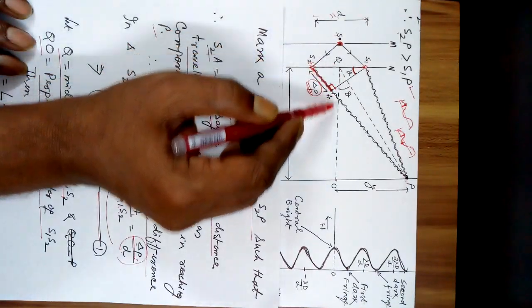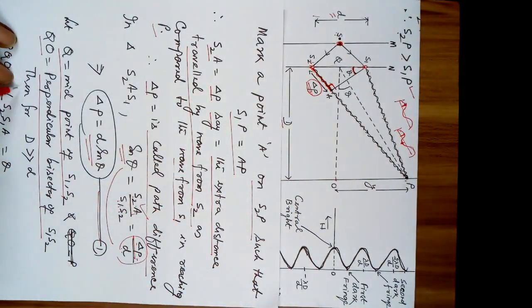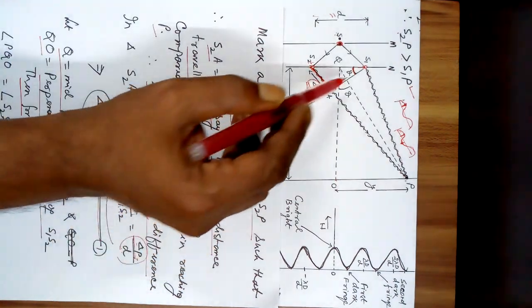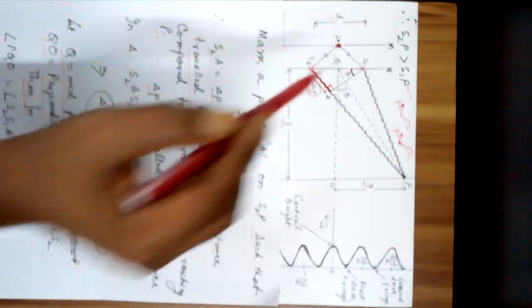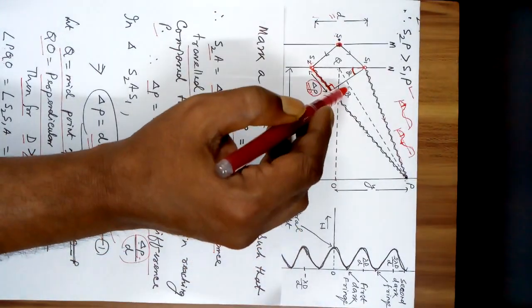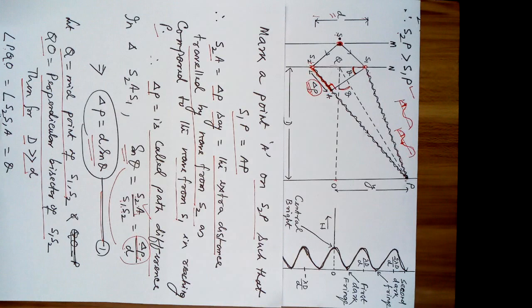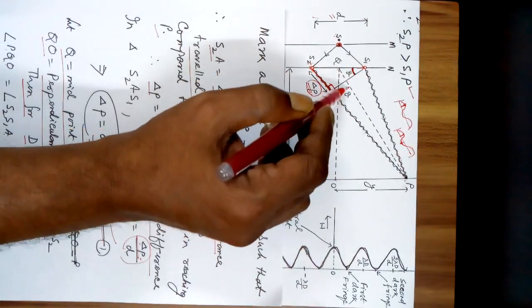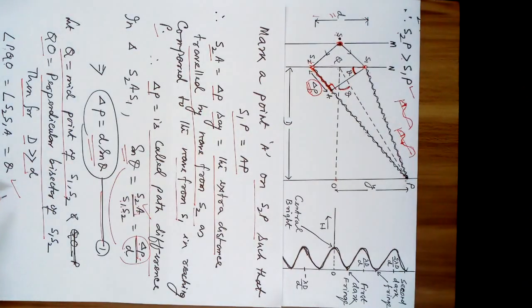And then for capital D very much greater than small d, that is, if this is large as compared to the distance between S1 and S2, then angle PQO, that is this angle, will be equal to angle S2S1A, theta. So if this is theta, this will also be theta.